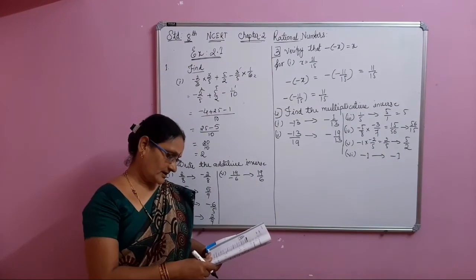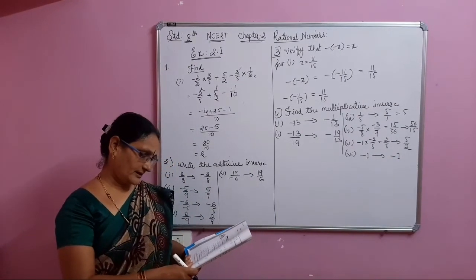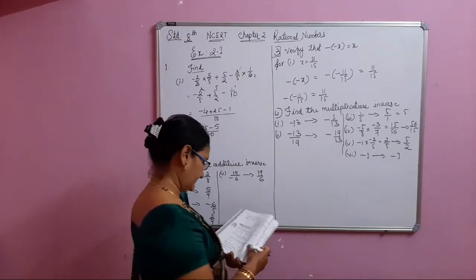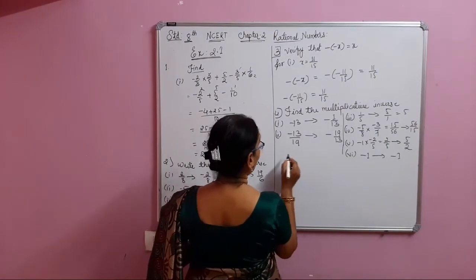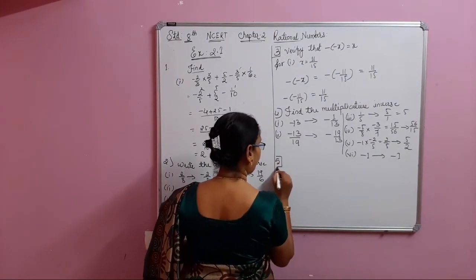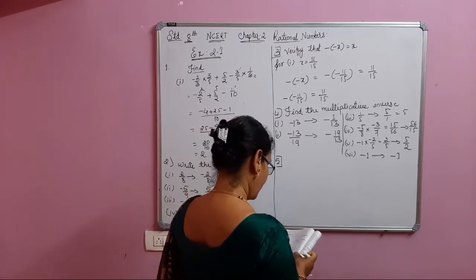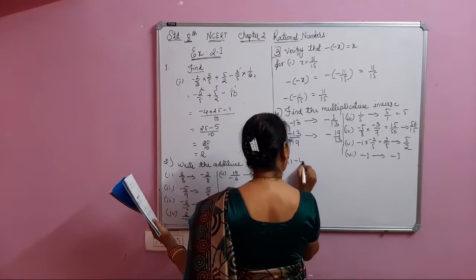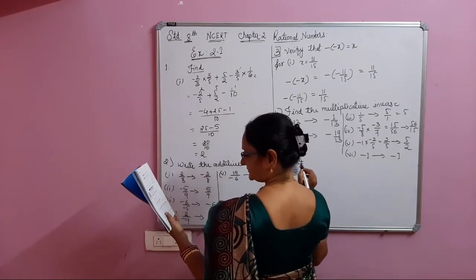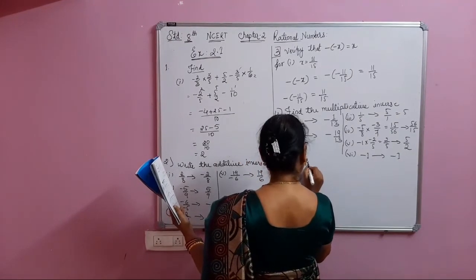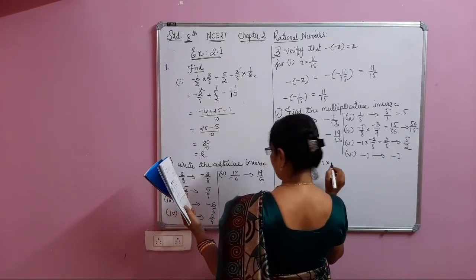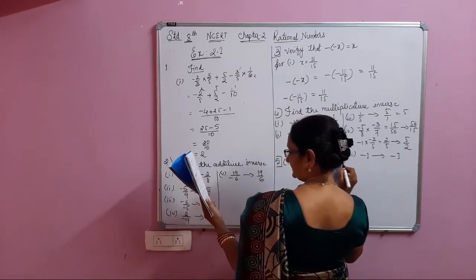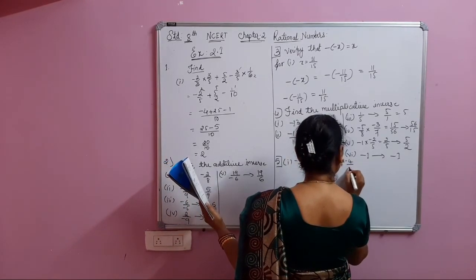Then remaining: name the property under multiplication used in each of the following. Fifth main. First one, minus 4 by 5 into 1 is equal to 1 into minus 4 by 5 is equal to minus 4 by 5.